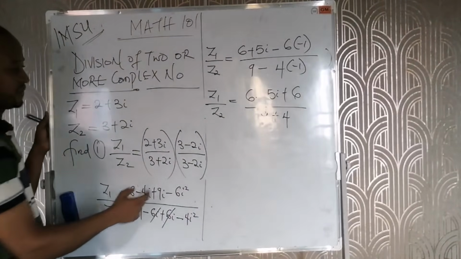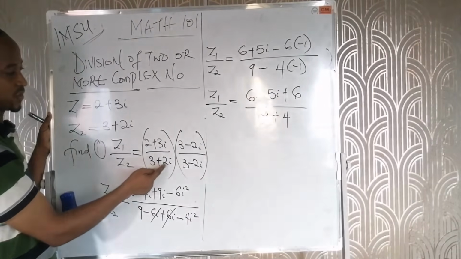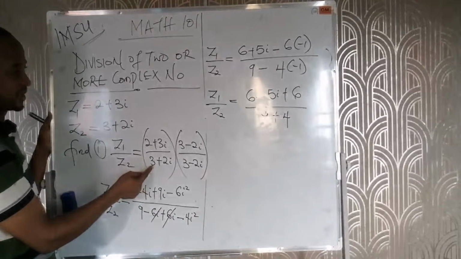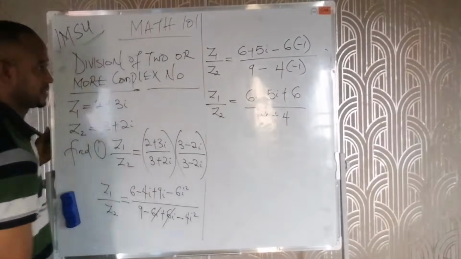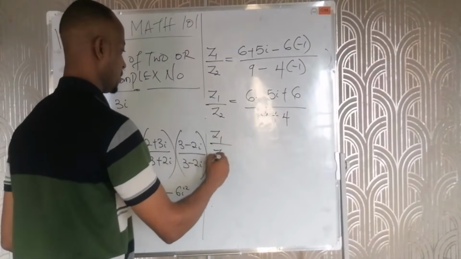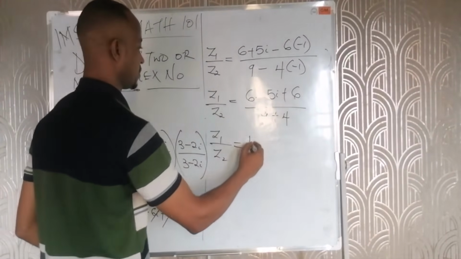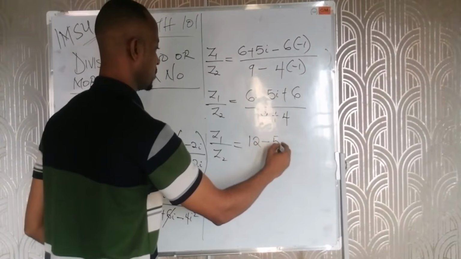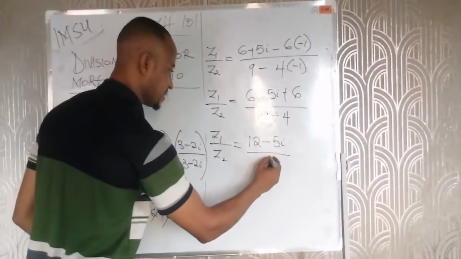Truly, if I'm to find the conjugate of this, it's simply square of 3 plus square of 2. Square of 3 is 9. Square of 2 is 4. Are you seeing it from here? Okay, so let's move on. So my Z1 over Z2 becomes 6 plus 6 will give us 12, minus 5i, all divided by 13.